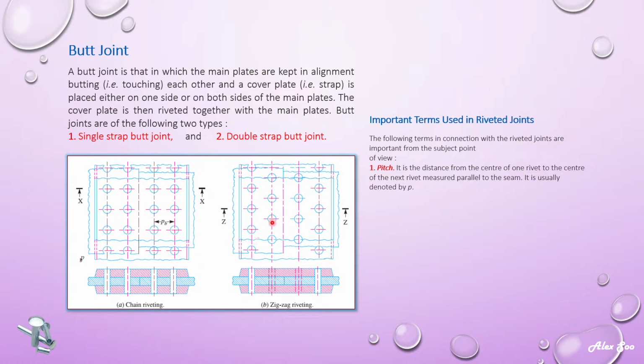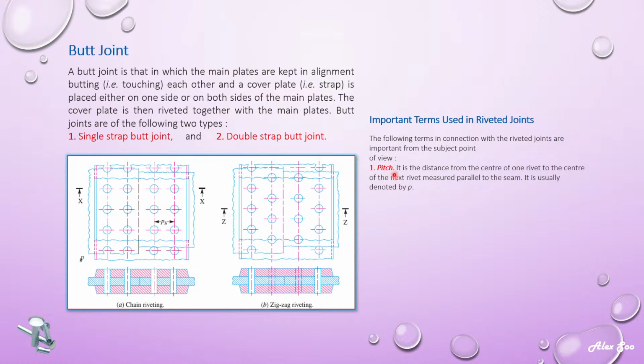When you look into this diagram, the vertical distance from the center of one rivet to the center of the next rivet here is called the pitch. Or if you refer from this center to this center here, it's also called a pitch.